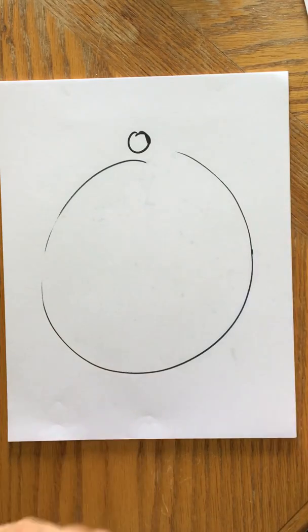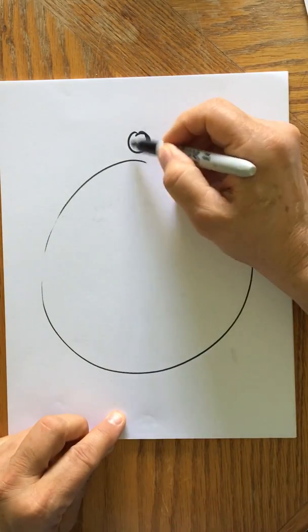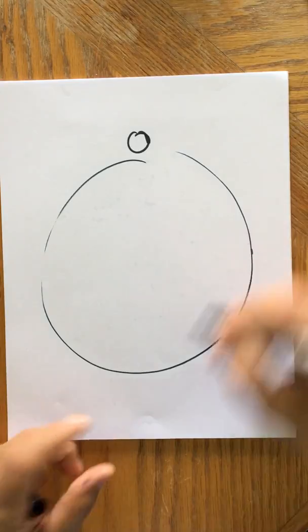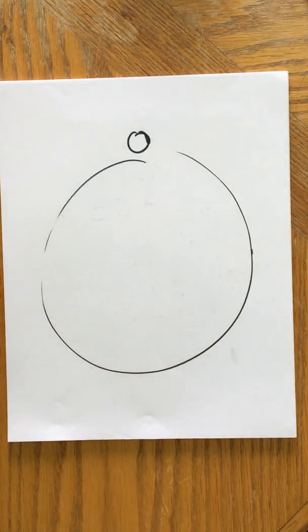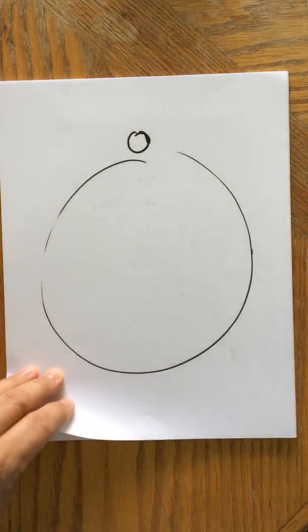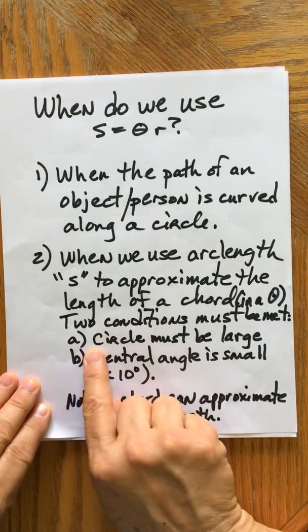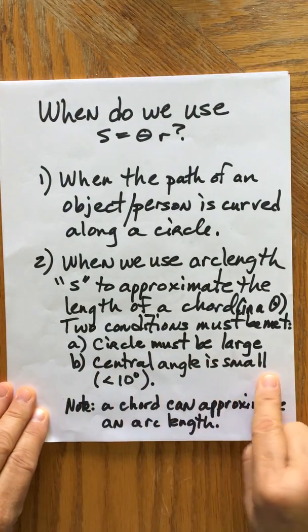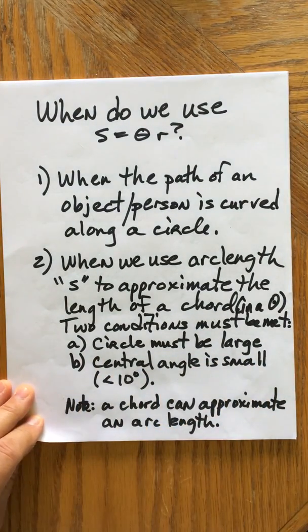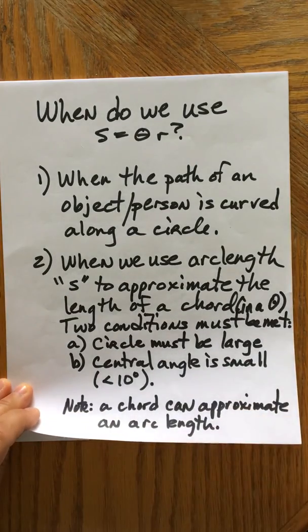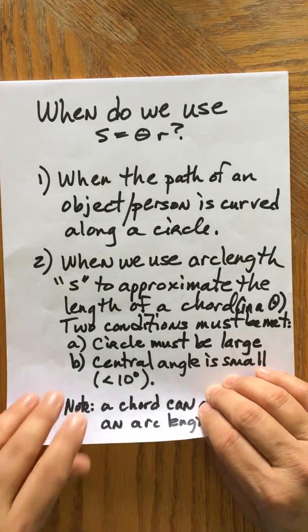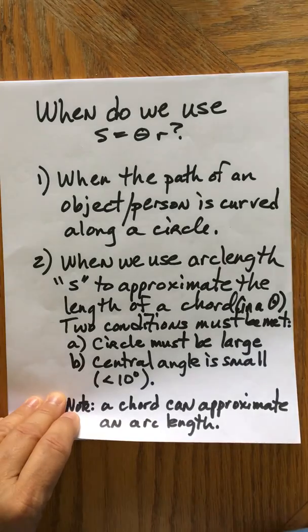It isn't, but it's curving so slowly, almost like a line, just a teeny bit longer. So that's what we have to make sure of, that we meet these conditions. The circle must be large, the central angle must be small. 10 degrees or less is probably a good ballpark to use. So let's look at an application of that.